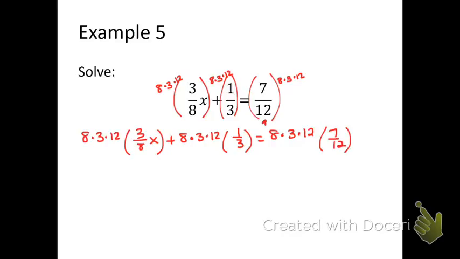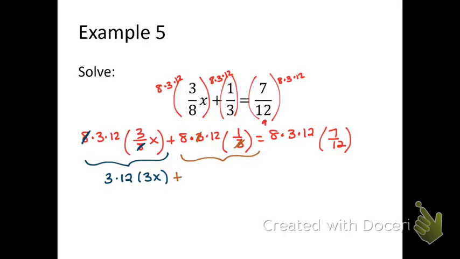Now, I'm going to go through and cancel anything I can. So see this first piece here, this 8's going to cancel. So I'm left with 3 times 12 times 3x. The second piece here, let me change colors. This 3 is going to cancel.